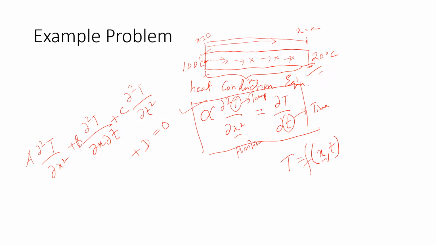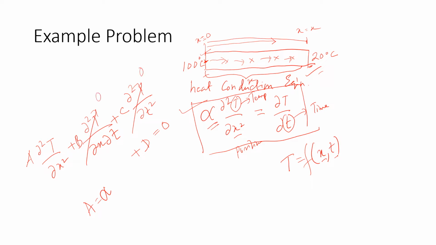Now here you can see that the coefficient of del square T by del x square is alpha, so basically a is alpha, and there is no b, and also there is no c.